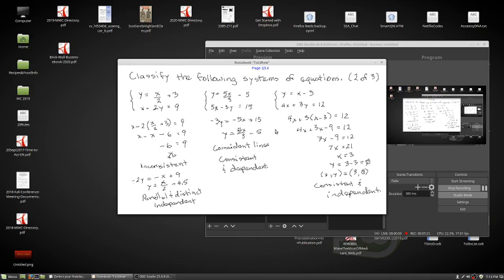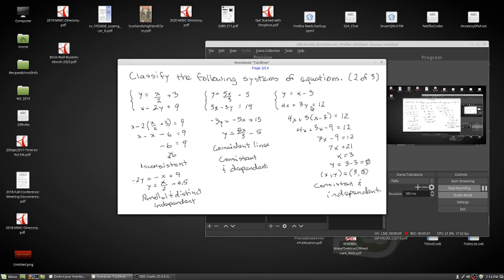And then finally, our last of the three, y is equal to x minus 3, and then 4x plus 3y is equal to 12. And rather than just checking to see if they had the same slope or not, I went ahead and worked this by substitution.